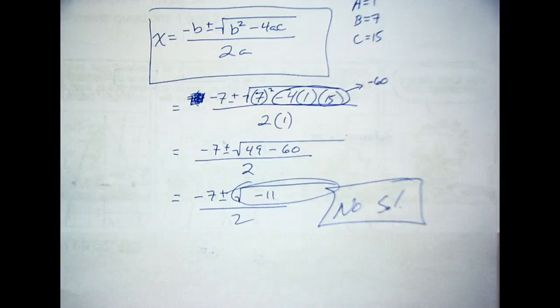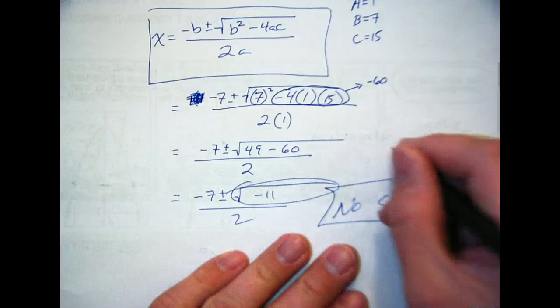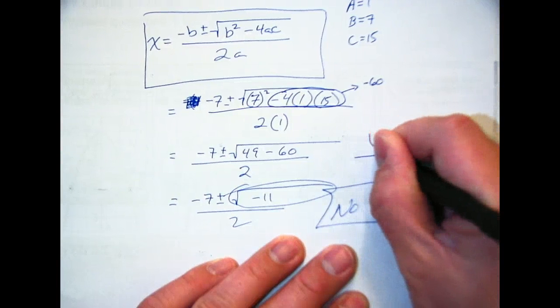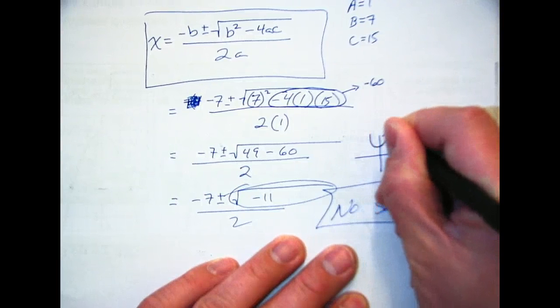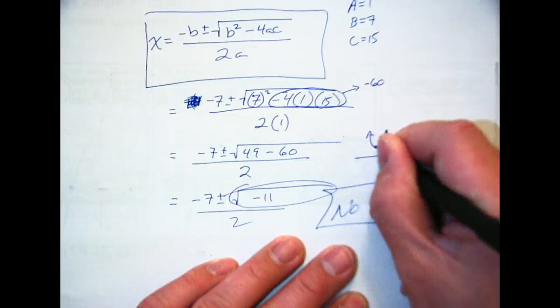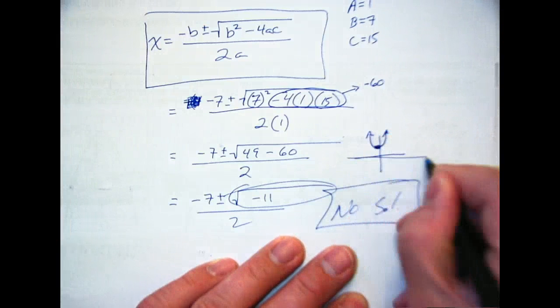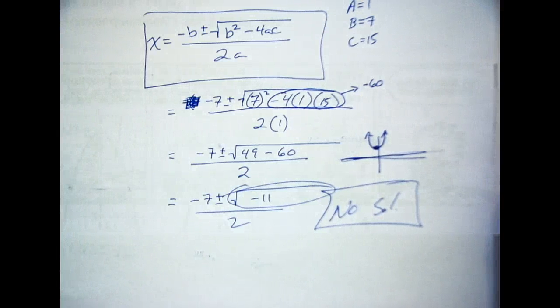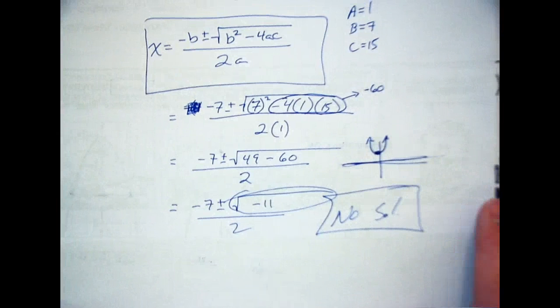Let's see, the graph would open up because A is positive. It would be something maybe like that. Now, I have no idea where the vertex is. I just know that it does not cross the x-axis. How many were correct? It has 0 solutions. No real solutions, does not cross x. Okay. Questions?